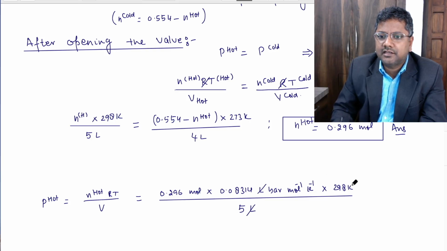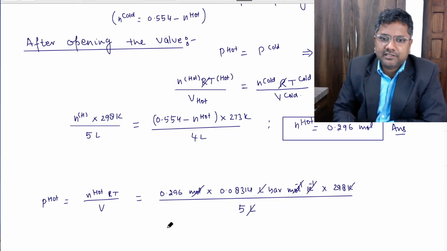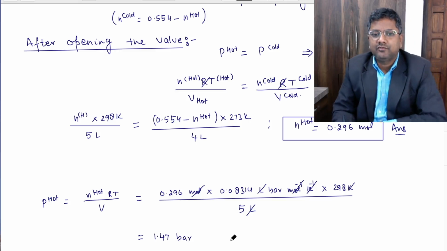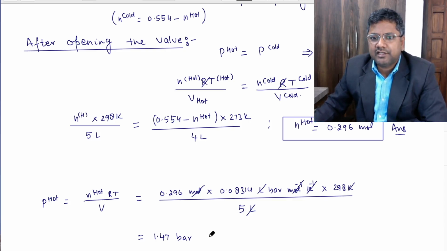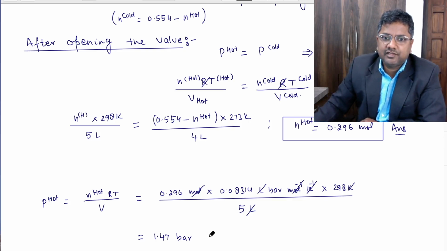Liter cancel, Kelvin cancel, per mole cancel. Right? So we will get the answer in bar. So the calculation of this will yield 1.47 bar. Right? So the pressure here is 1.47 bar in this region.